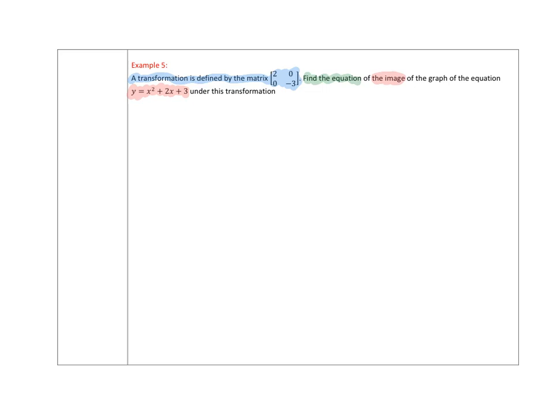Well, let's start with our matrix equation. So we want to set it up such that T of x and y is equal to our dilation matrix 2, 0, 0, negative 3 times x and y. There are no translations here, so I can ignore that part and immediately equate to new x and new y.